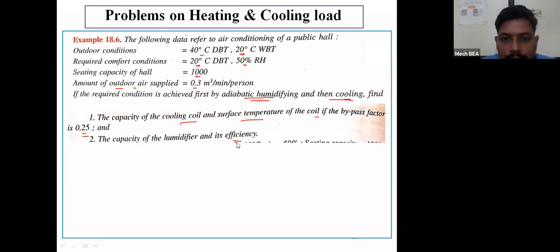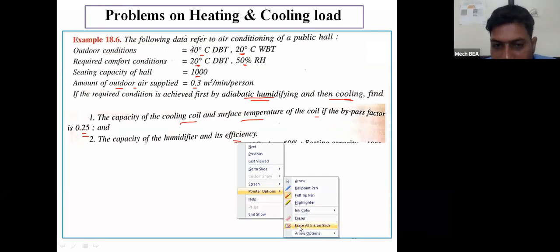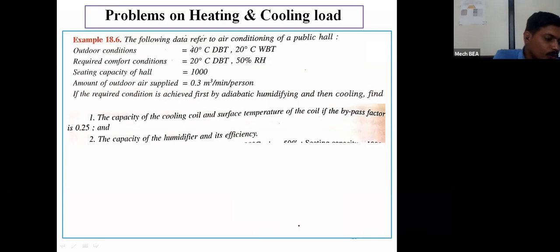So now what you have to do, you have to take the screenshot of this slide in your mobile. Already I have provided the psychrometric chart on our group. So by using the psychrometric chart and the problem statement, you have to try to solve the problem.